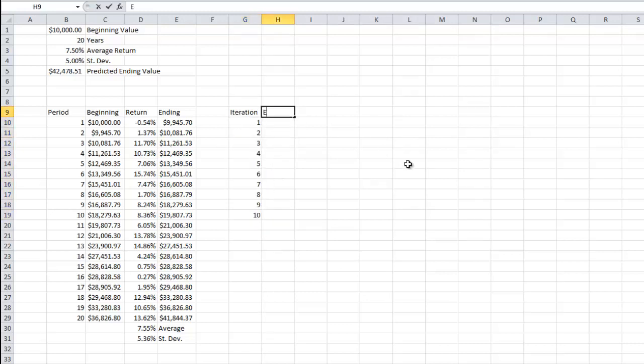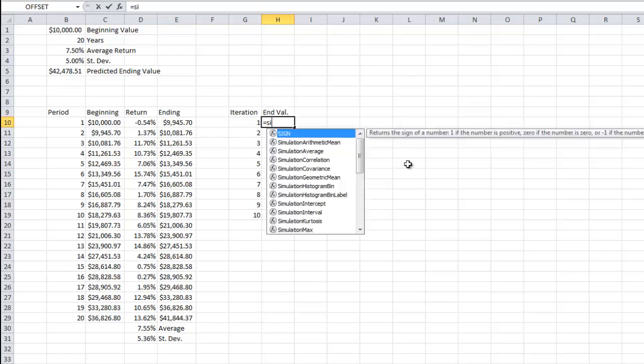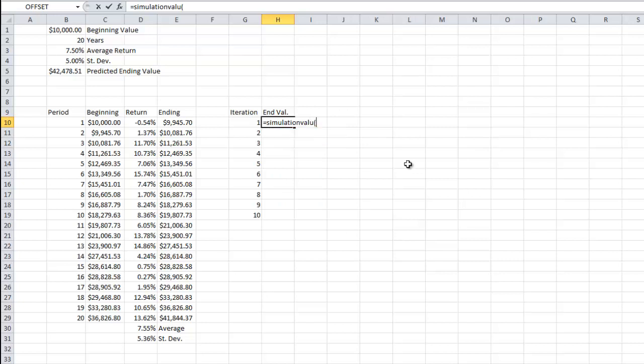And then we can actually say, what's the ending value in each iteration? And all you do is this. Simulation value, that's the formula. Then you have to click on what output you really care about. We're going to repeat this experiment 10 times, and I want to see what my ending investment value is each time. Let me go back just a second.